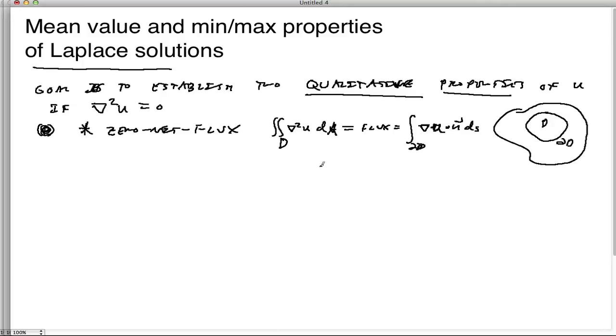We can do that in 3D as well. So we already know that property, and because this is equal to 0, we have 0 flux. Okay, so that's the zero net flux.